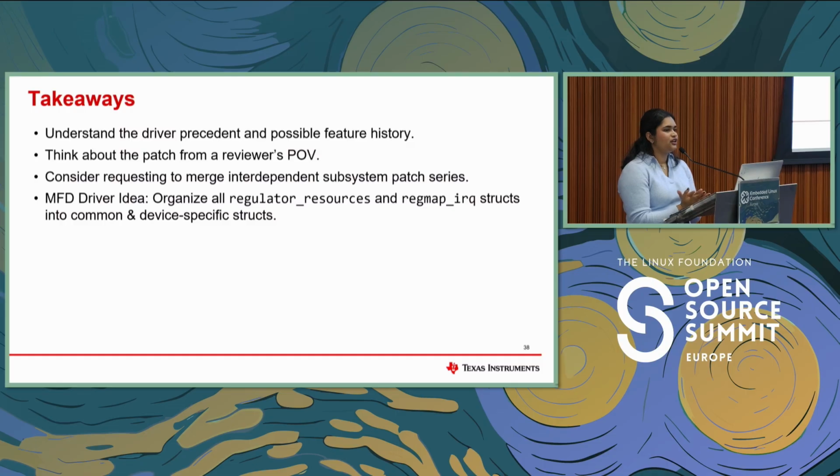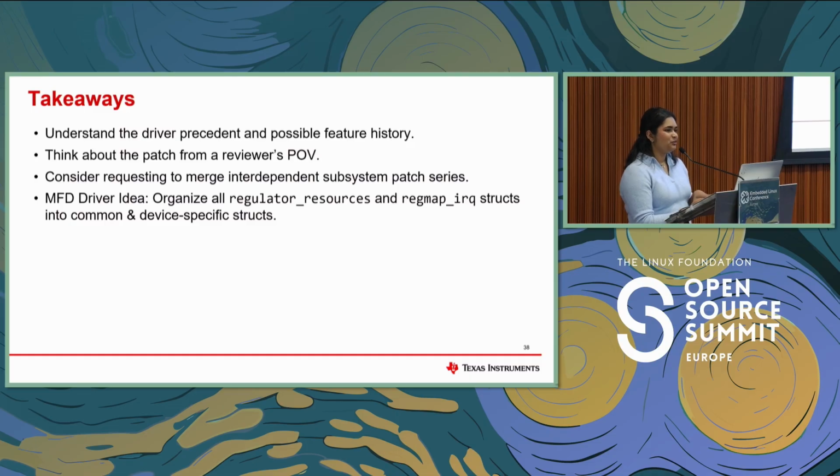I also learned in the process of upstreaming different subsystem drivers that there is a precedent of the MFD and regulator subsystem maintainers accepting a series that combines both patches, so that you can get it accepted in one cycle instead of having to wait a couple of weeks after your MFD patch series is accepted, and then submit your regulator driver, which is what I did.